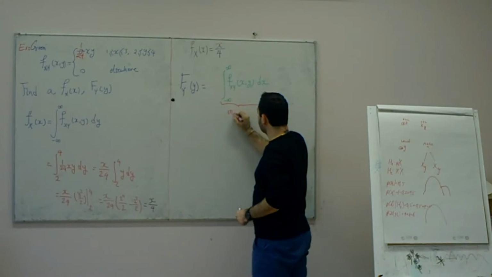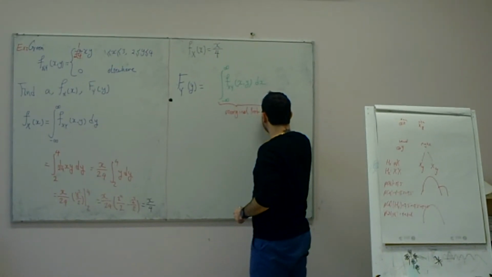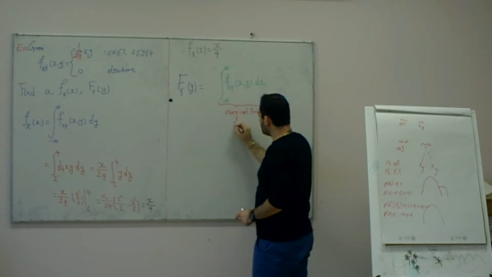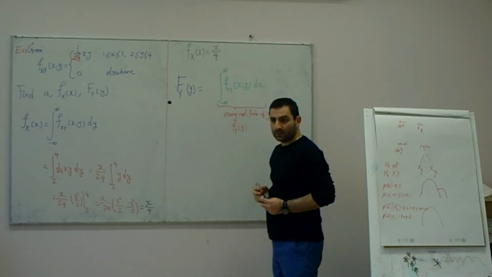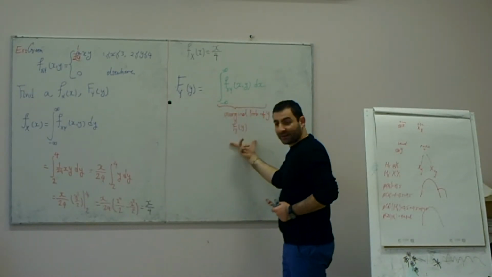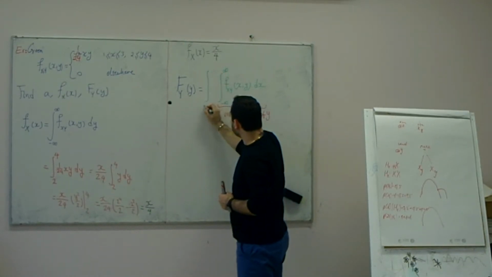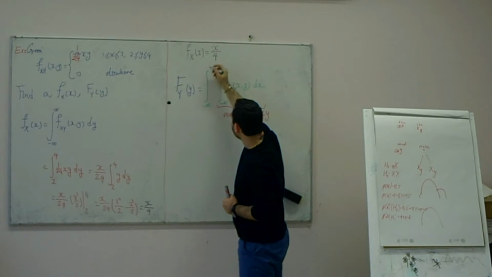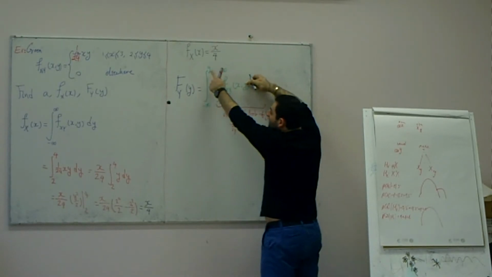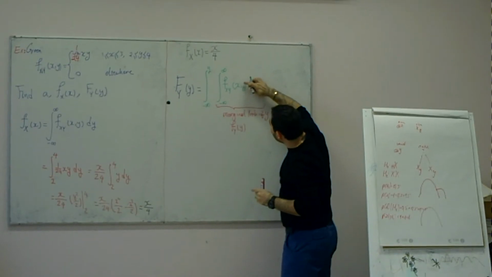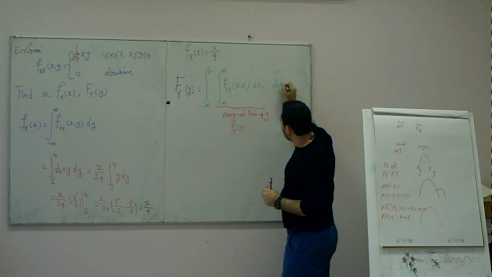This is the marginal probability of y, which is the PDF of y, right? Now, the CDF is the integral of this one. So I should have an integral from minus infinity, because here I have the value y, but I don't want this y and this y to be confused. That's why here I put, let's say, the value v, dv.